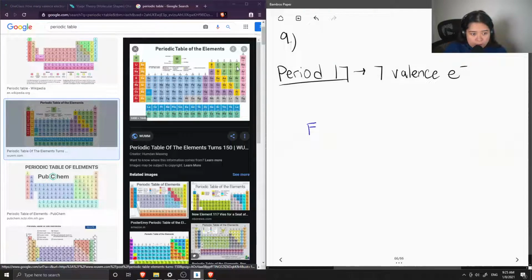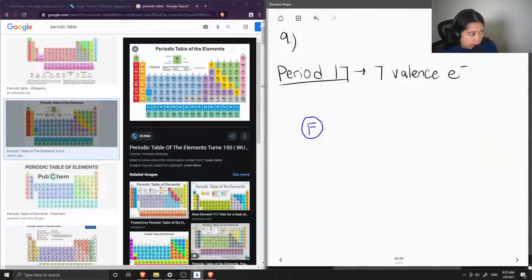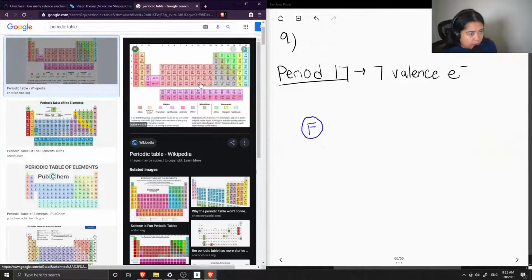So when we have a fluorine atom, if we find it on the periodic table, it has an atomic number of 9.